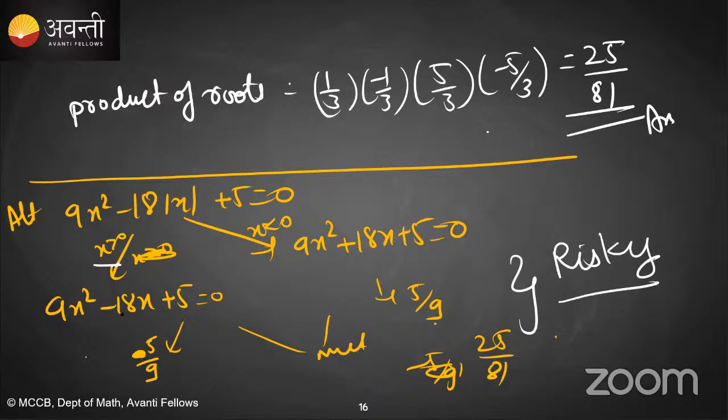Because when you solve this quadratic equation, maybe one root is positive and another one is negative, so you have to reject the negative root here. Are you getting my point, everyone? That's why I have not begun my solution with this method. I hope this is clear to you.